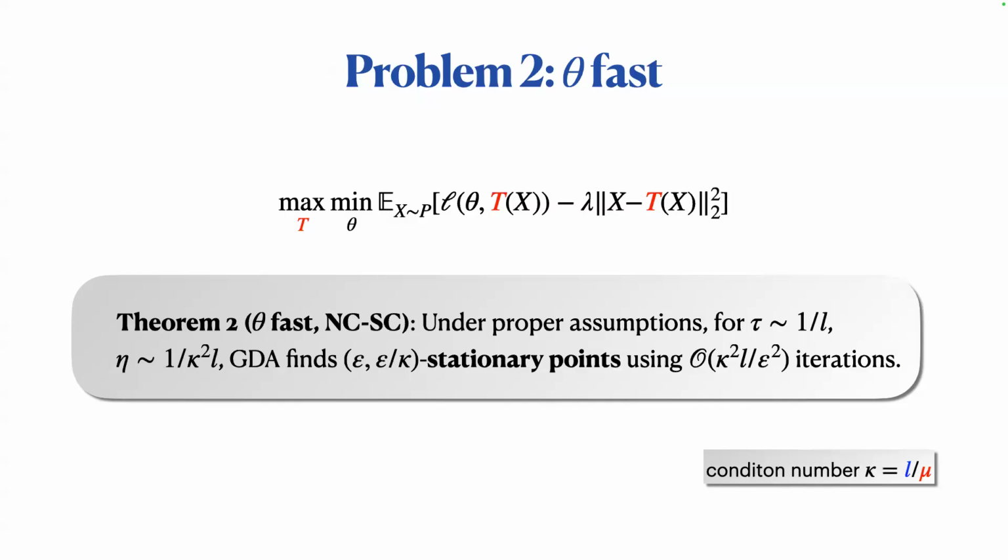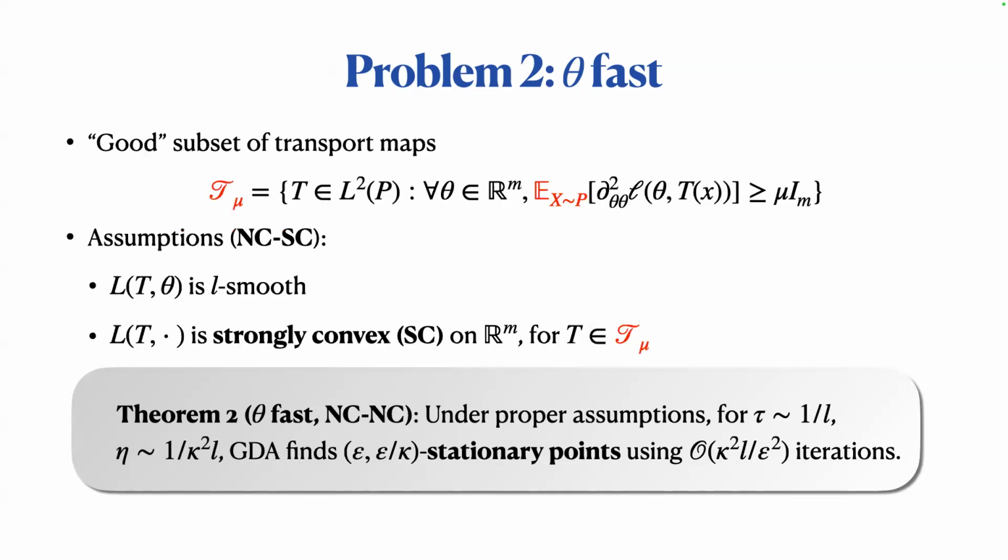We sacrifice a little bit to make it tractable. And then by choosing proper step sizes, GDA can find an epsilon-stationary point using, again, epsilon^-2 iterations. But this is not SGD, this is the GD version of the problem. And again, I think what's interesting is this part is new.